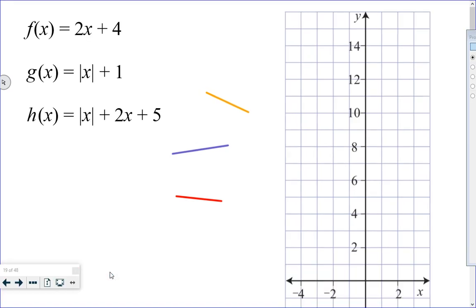So on our graph, y equals 2x plus 4 will have a y-intercept of 4, and it will have a slope of 2, which means you go to the right 1 and up 2.